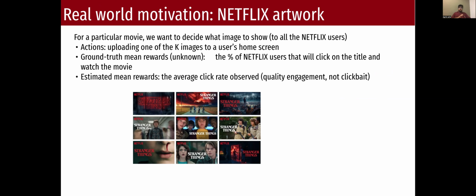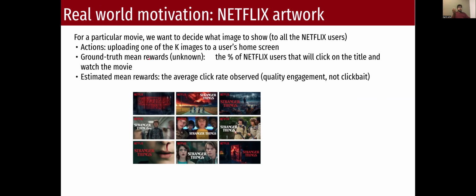I'm telling again, to optimize the images displayed for a particular movie on Netflix to maximize user engagement. The problem setup is choosing one of the k different images to display for a particular movie on a user's home screen.